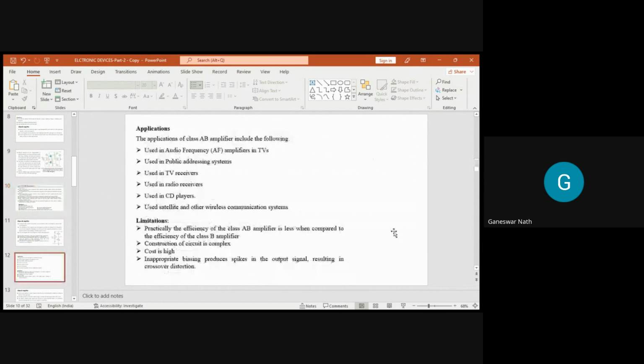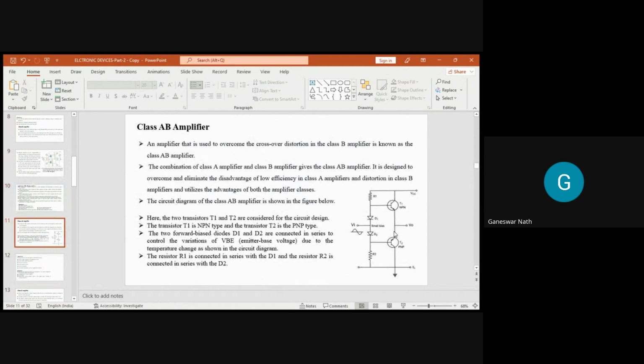Okay. Now you can go for the class AB amplifier here. Here we can combine both the A type and also the B type.